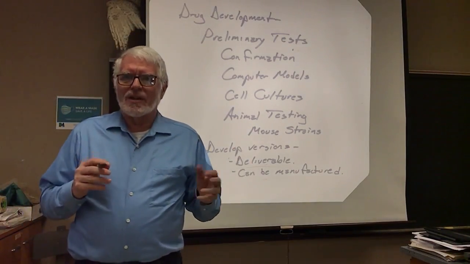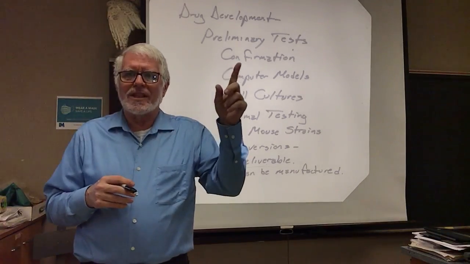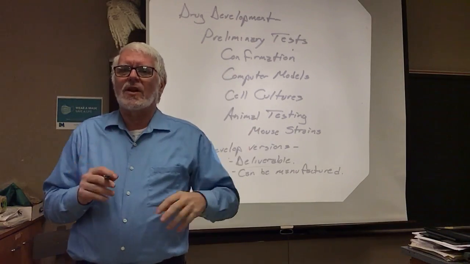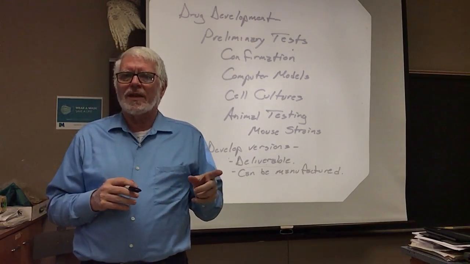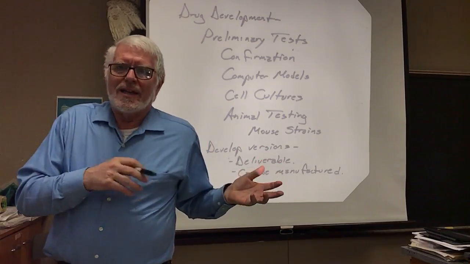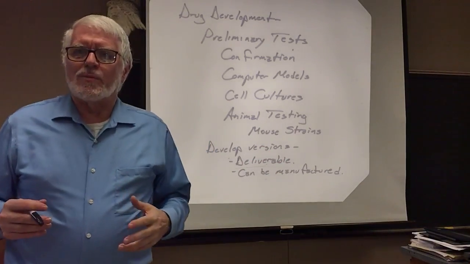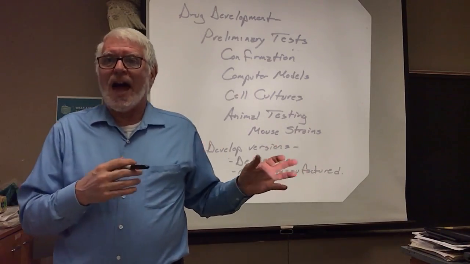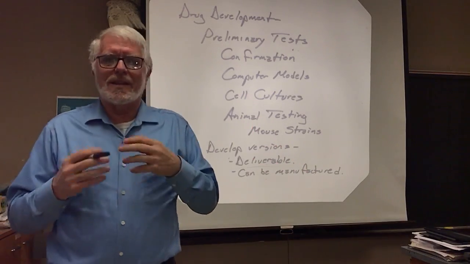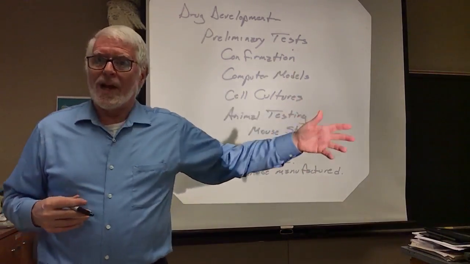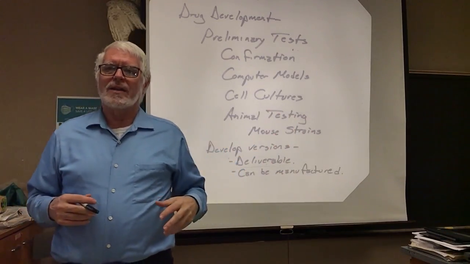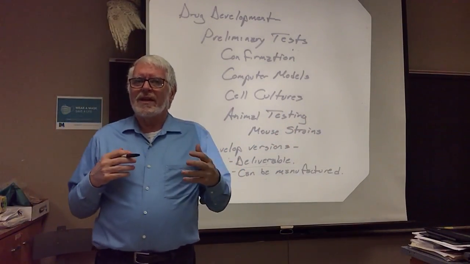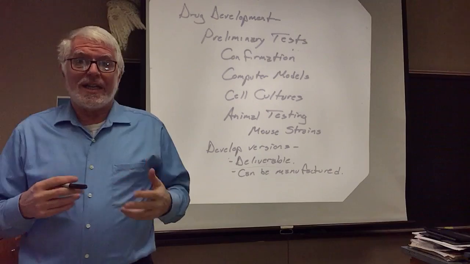So just having the molecule and just finding out that it works in the computer and even works in a dish of cell cultures doesn't mean you've got something that will come in through the digestive system properly, will go through the liver without being altered. Or sometimes you have to factor that in, put a molecule in that the liver will actually change into the molecule that you want. Will it produce allergies fairly easily?